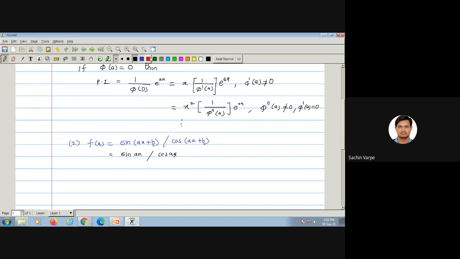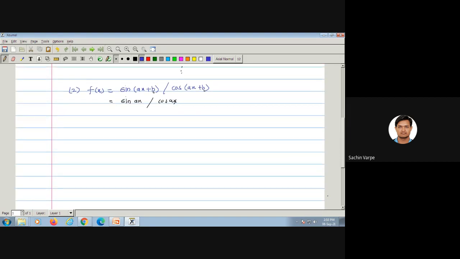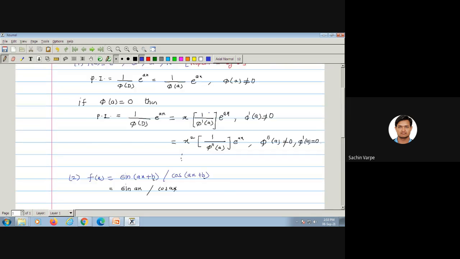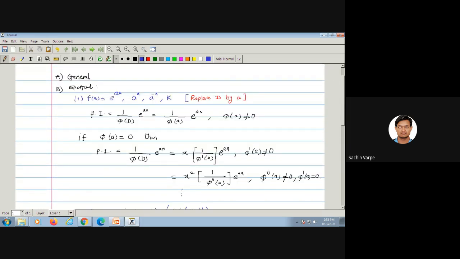In this case, how do we get the particular integral by the shortcut method? First of all, let us have a specific pattern, just like the exponential function. How did we replace D by a? Because D is nothing but the derivative.